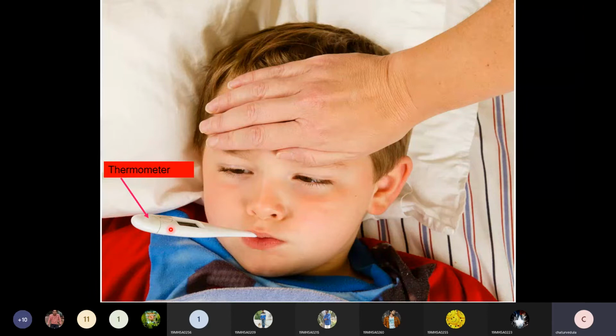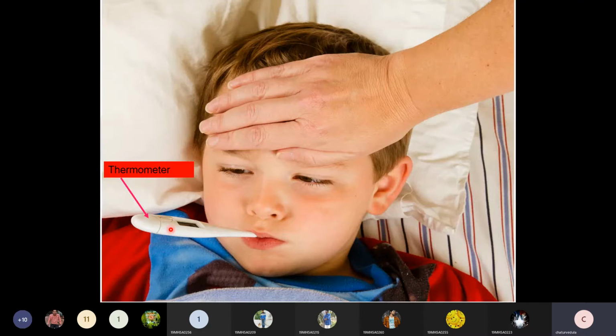Even now analog thermometers are there, and the accuracy of analog thermometers is still reckoned by many doctors. Even though digital thermometers are prevailing, analog thermometers still exist, and their efficiency and accuracy are very high. So now you know what the value of temperature is.